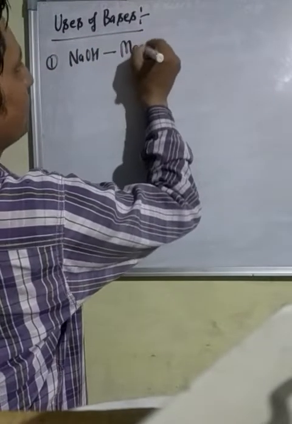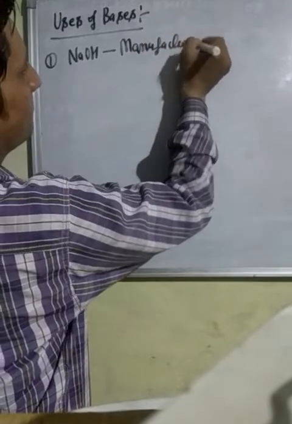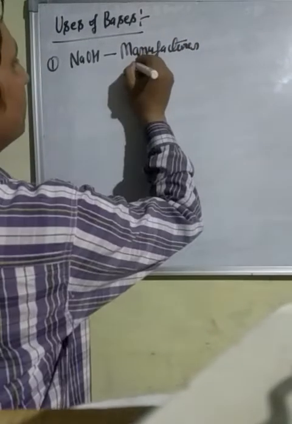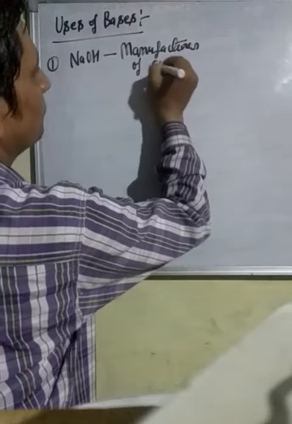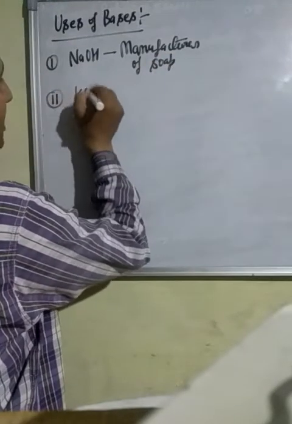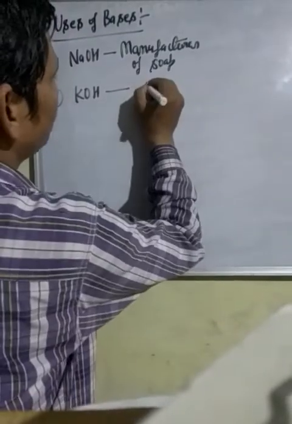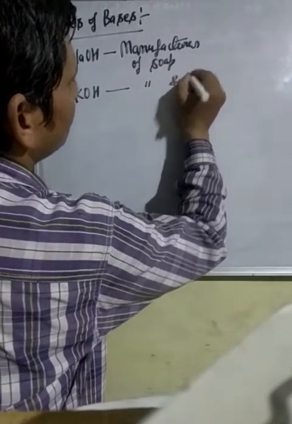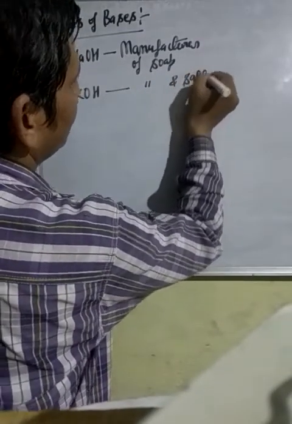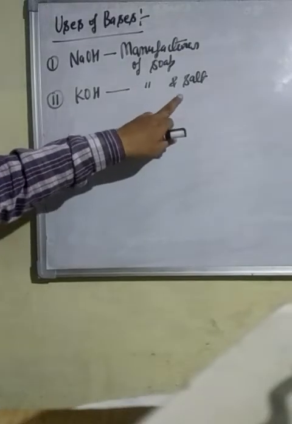Sodium hydroxide is used in the manufacture of soap. Second point is potassium hydroxide. Potassium hydroxide is also used in the manufacture of soap and salt.